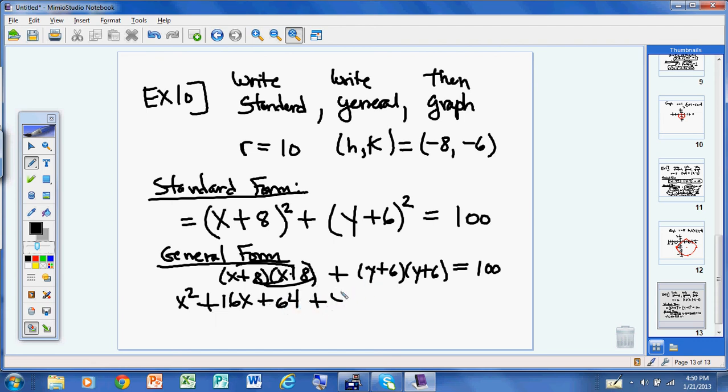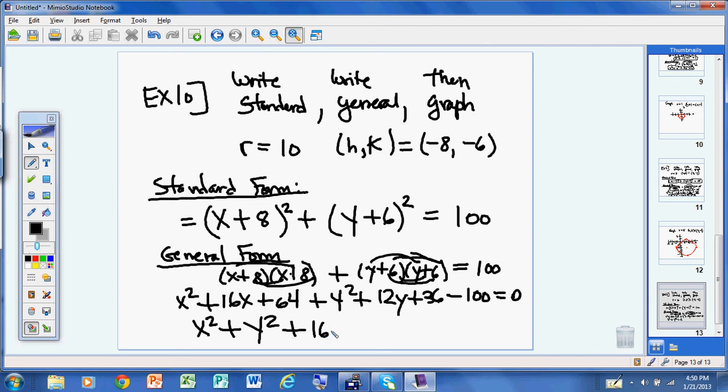Plus, well, first times first is y squared. Outside times the outside, inside times inside will be plus 12y. And last times last is plus 36. And then we're going to subtract the 100, right? So make the right side 0. Well, that leaves you with x squared plus y squared plus 16x plus 12y.